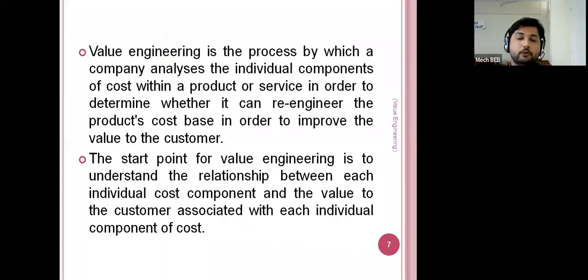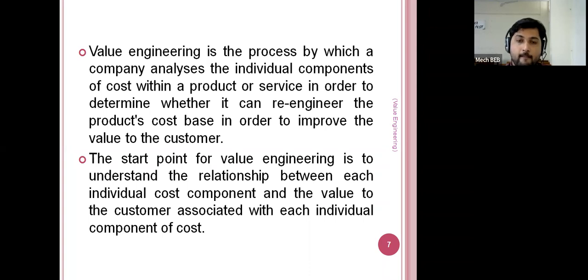Okay, so value engineering is the process by which a company analyzes the individual components of the cost of a product or service in order to determine whether it can re-engineer the product's cost base in order to improve the value to the customer. The starting point for value engineering is to understand the relationship between each individual cost component and the value to the customer associated with each individual component of the cost.